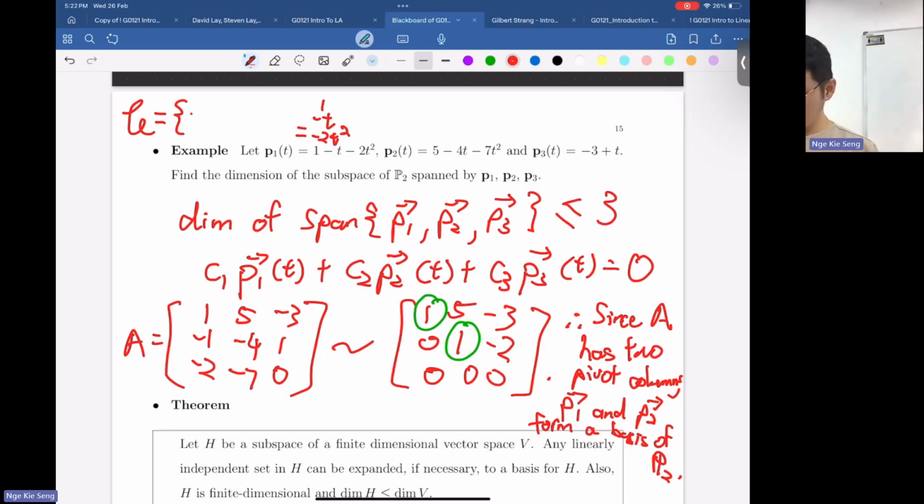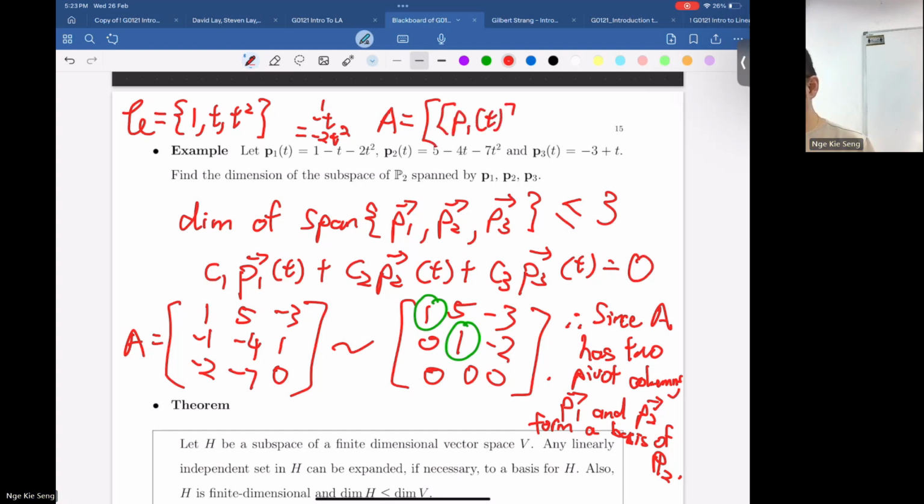P2. Okay, so which is 1, T and T squared. Then your A is what? The A you see here is actually the coordinate vectors for P1(T) and then P2(T) and P3(T).